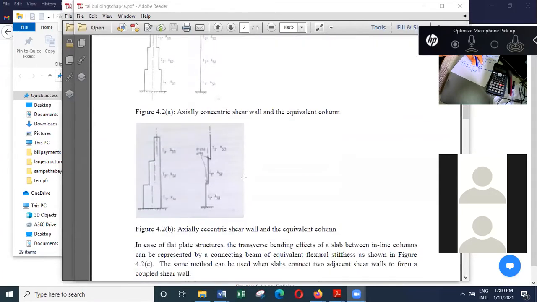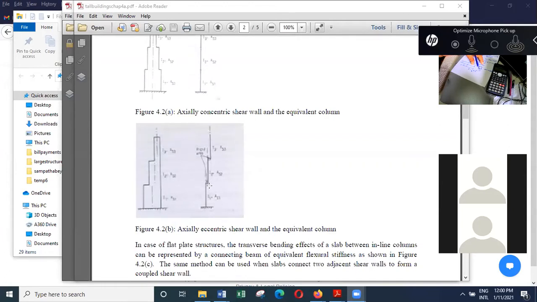Also, sometimes you get shear walls like this. In such situations, the centroid of the axis is changing. Sometimes you ignore it, but if you want to take that into account, then you need something called a rigid arm here.